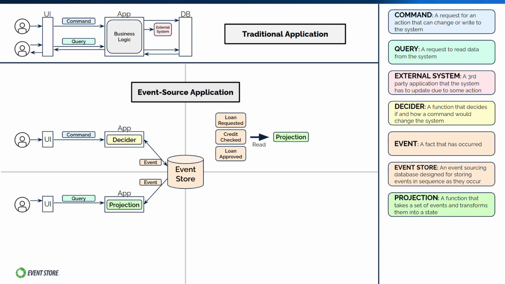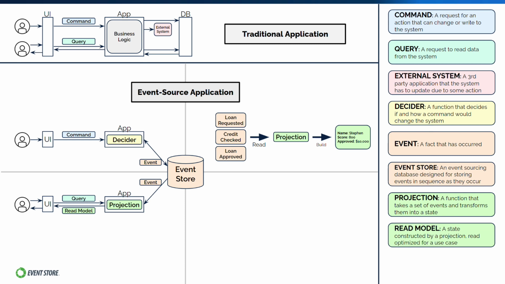The projection reads these events one by one and builds a state for customer service with the borrower's information, their credit score, and approved loan amount. This state is returned to the UI layer and displayed to customer service. This state is known as a read model. A read model is a state constructed by a projection, read optimized for a use case.